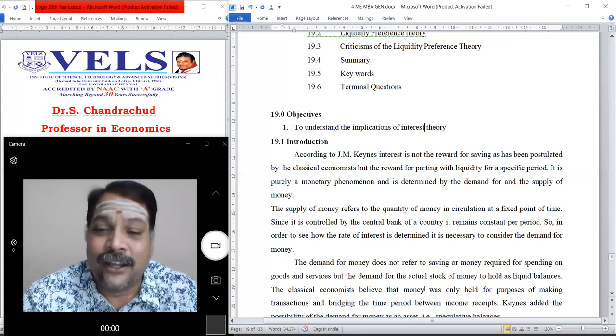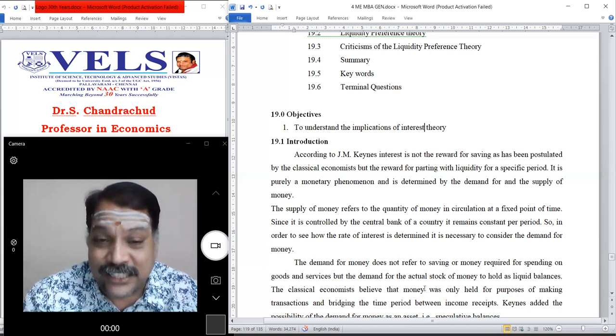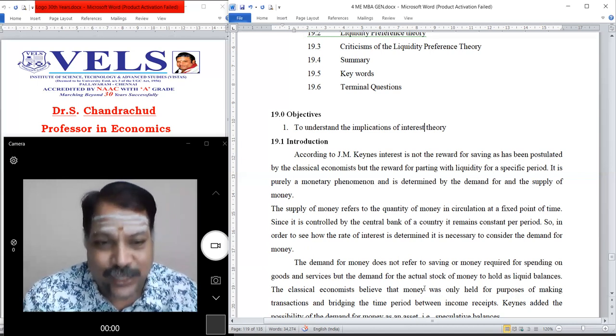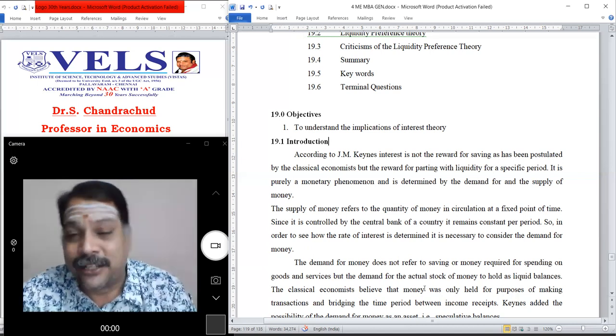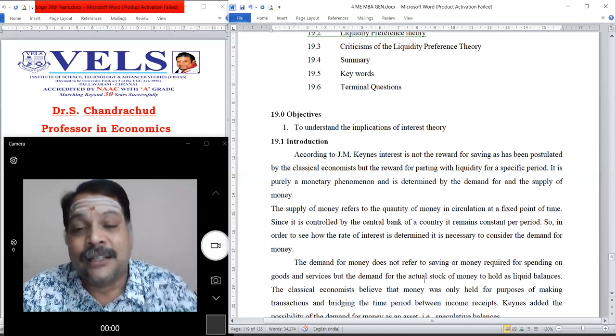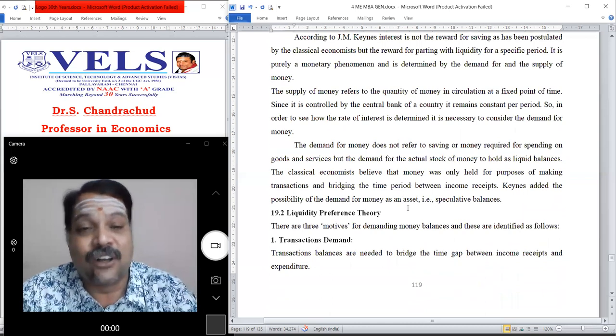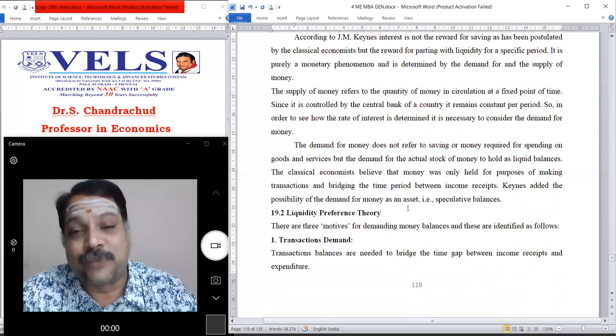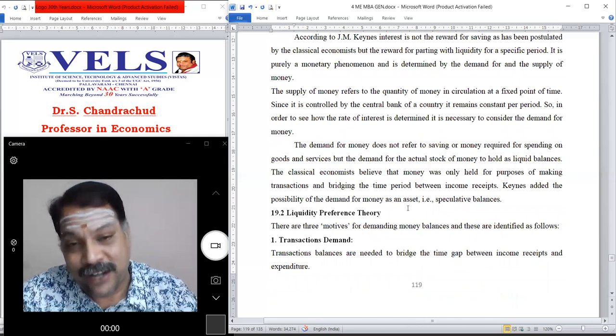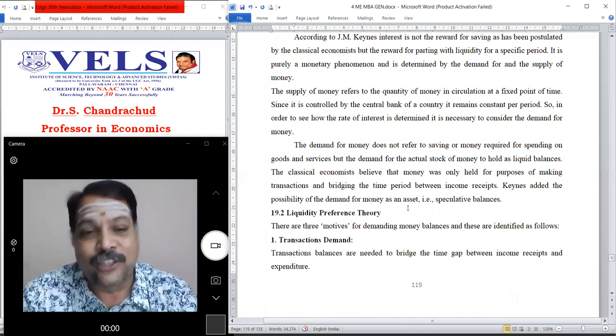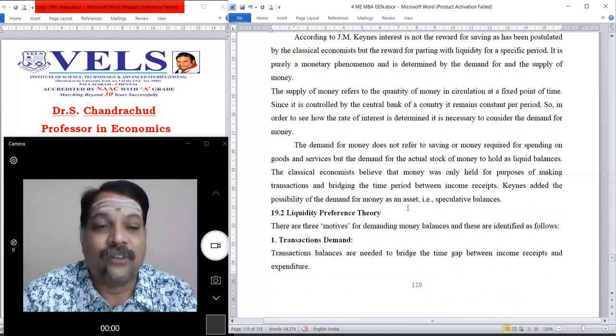So in order to see how the rate of interest is determined, it is necessary to consider the demand for money also. The demand for money does not refer to savings or money required for spending on goods and services, but the demand is actually for a stock of money to hold as a liquid balance.